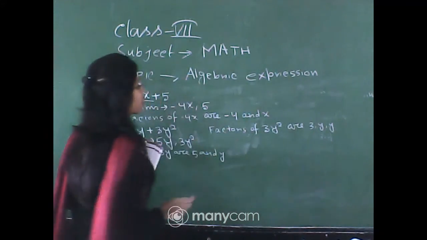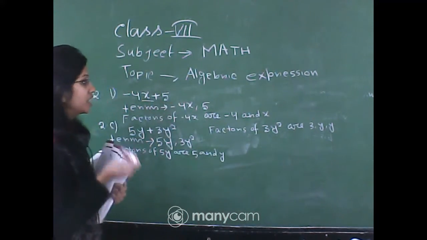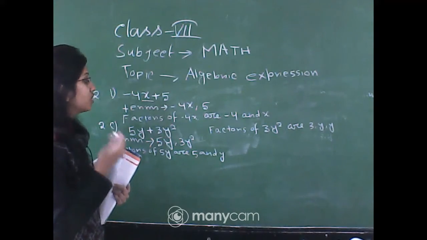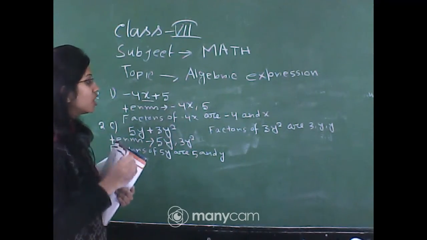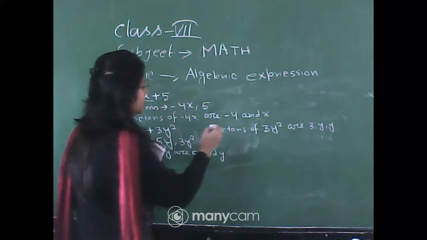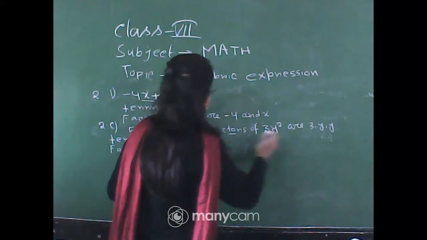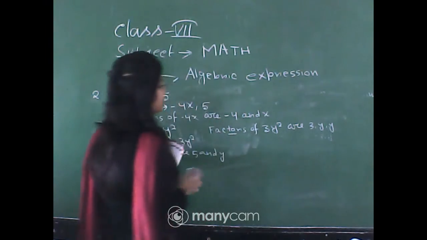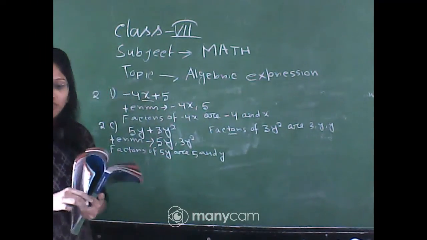It is also the product of 3 and y square, but y square is not a factor, because y square can be further factorized. Therefore, the factors of 3y square are 3y and y.